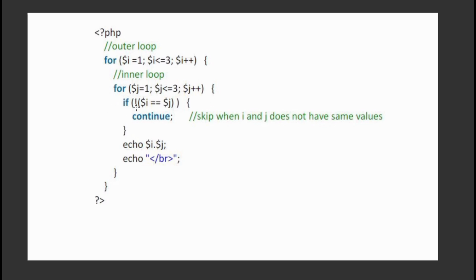Here you can see the not operator, if $i is not equal to $j continue, and we are printing echo $i $j and break. It is the homework for you. You can execute this code or you can think about it.